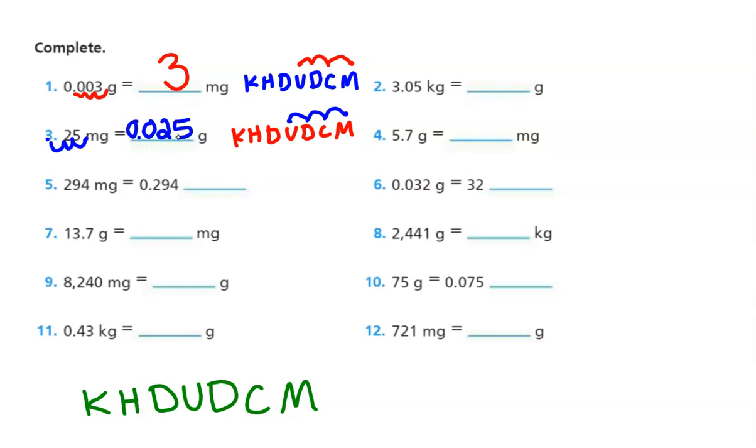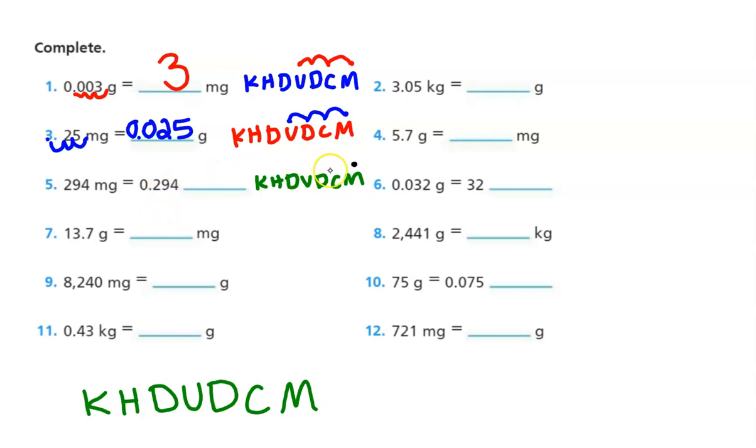All right. Now, this one's a little trickier because they want you to go find the label. So this time, you're going to do something just a little tiny bit different. King Henry doesn't usually drink chocolate milk. And this time, you're going from milligrams to something you don't know. But here's what you do know. You've got your milligrams is where you're starting. And you can see that this number is getting smaller, which means you're moving to the left.